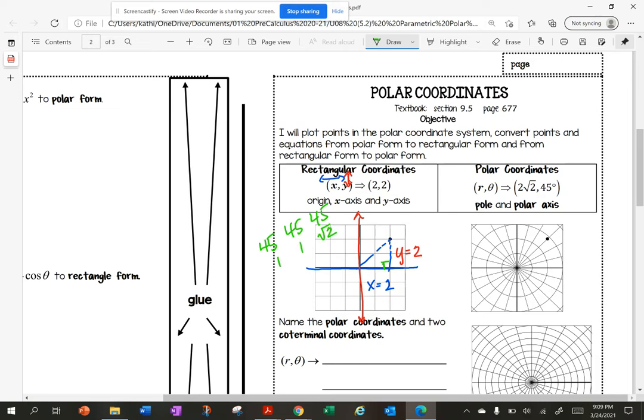The two legs are the same, and the hypotenuse is the leg times the square root of 2. We call this the radius. If my legs are 2, my radius is 2 times the square root of 2. I know my reference angle is here, and my angle is 45 degrees.